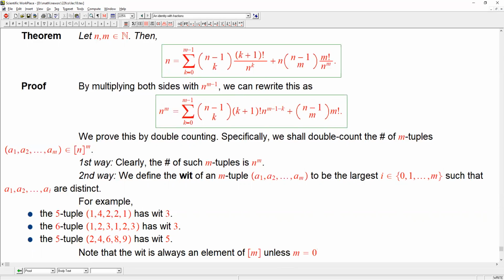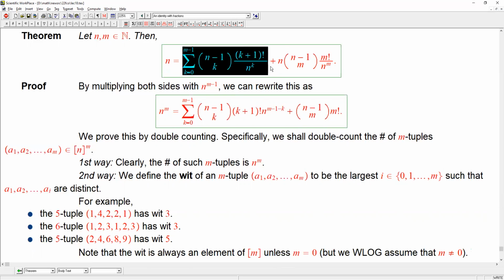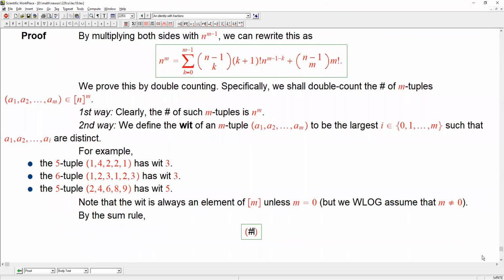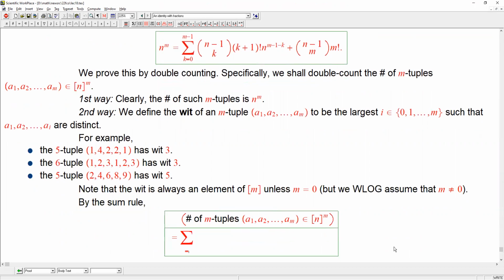But we assume without loss of generality that m is not 0, because frankly, if m equals 0, everything here is kind of obvious. The sum is empty, and this is just 1, so this is saying n equals n. Okay, and now, by the sum rule, the number of m tuples that we want to count equals the sum of the number of m tuples with any given width.